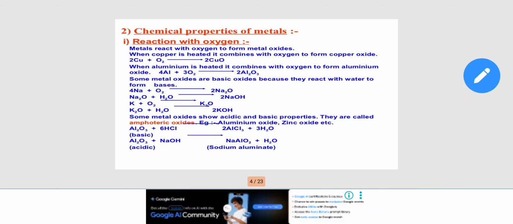Here Al2O3 plus HCl gives AlCl3 plus H2O, and this is acidic. With NaOH it becomes sodium aluminate, NaAlO2 plus H2O. This formula of sodium aluminate is very important, it will be present in MCQs in your exam.